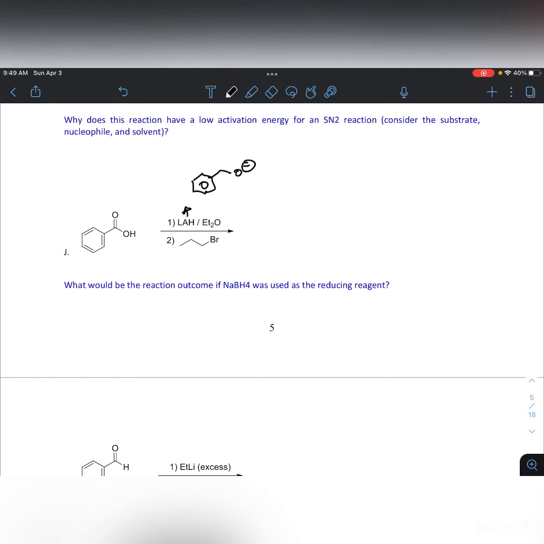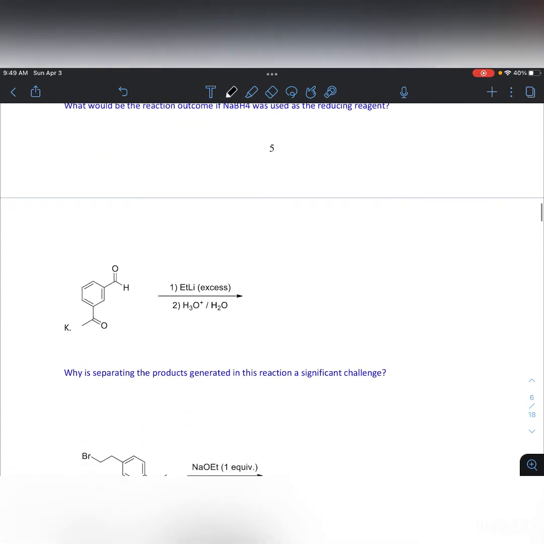And if you don't quench it and then you react it with the alkyl bromide, so this is step number 1 and this would be step number 2, this will now undergo an SN2, and that will lead to your product. So that's J. Let's move on to K.